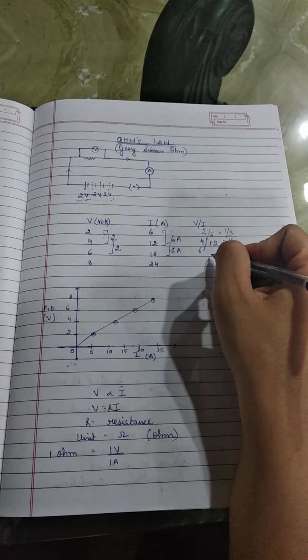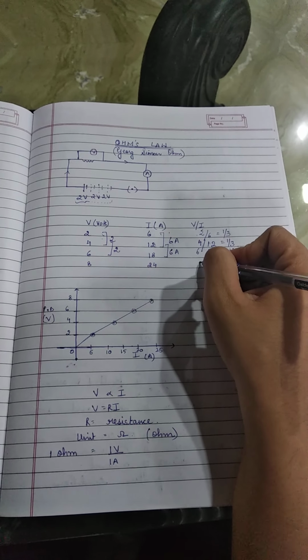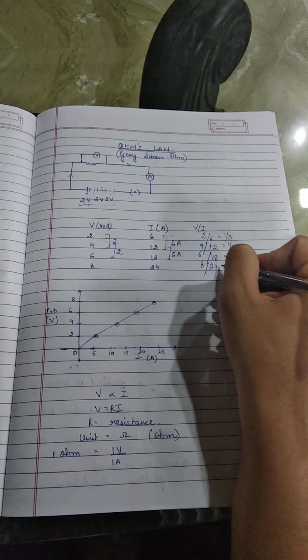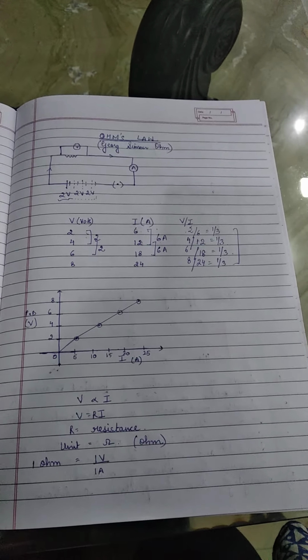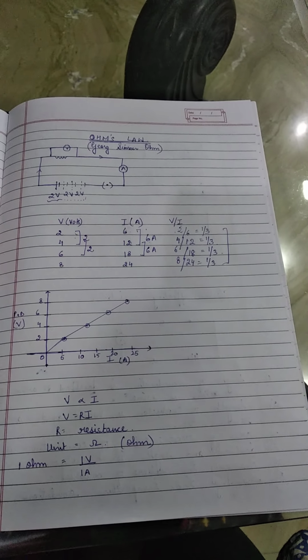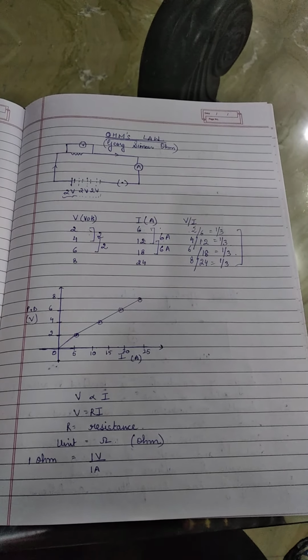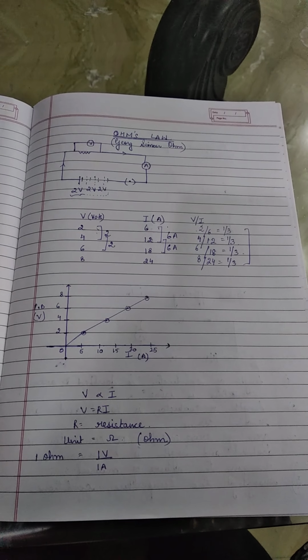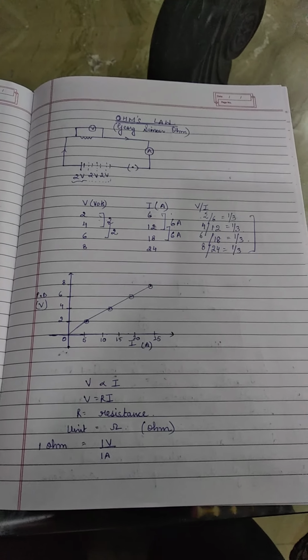If I take 6 and 18, this is again 1 by 3. 8 divided by 24, this is again 1 by 3. So we find in Ohm's law that when we increase the potential difference across the circuit proportionately, there's a proportional increase in the current such that the ratio of V and I remains constant.